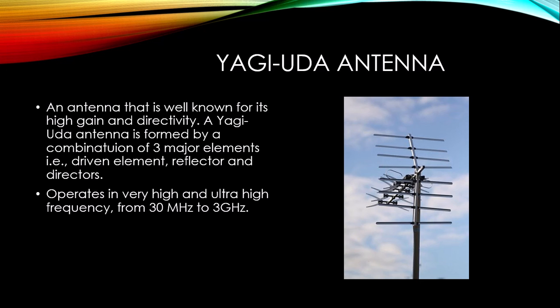It is formed by a combination of three major elements, namely the driven element, reflector, and directors. The Yagi-Yuda antenna operates in the very high and ultra-high frequency range from 30 MHz to 3 GHz.